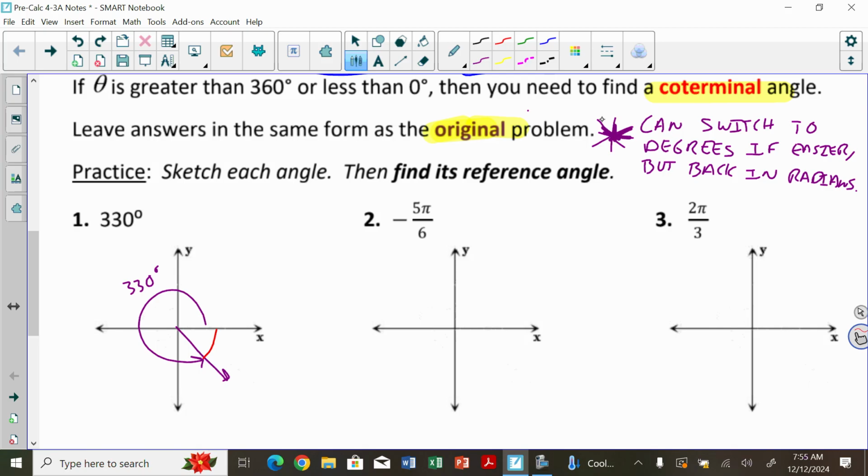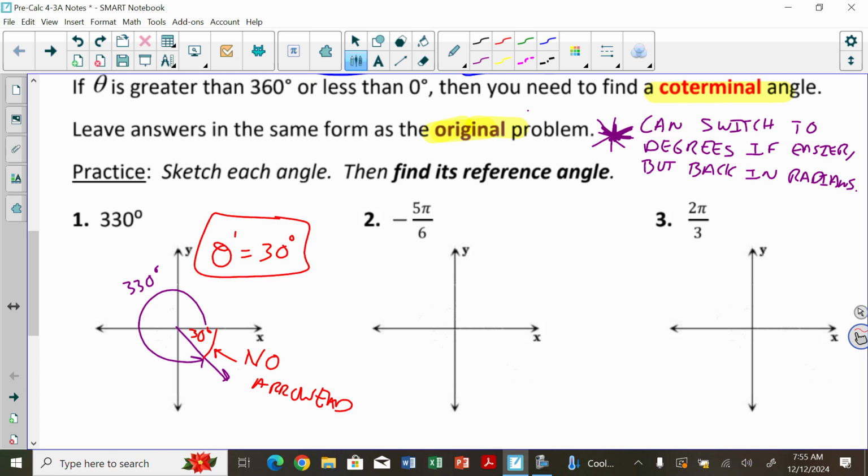Notice that there's no arrowhead there, okay? And that's how we can decipher what's the angle and what's the reference angle, okay? And so we can kind of just look at this as 360 minus 330, so I know that this is going to be 30 degrees in here. So theta prime is equal to 30 degrees.